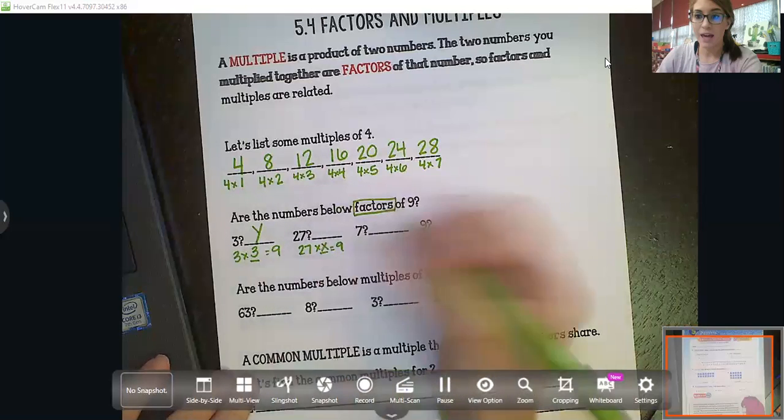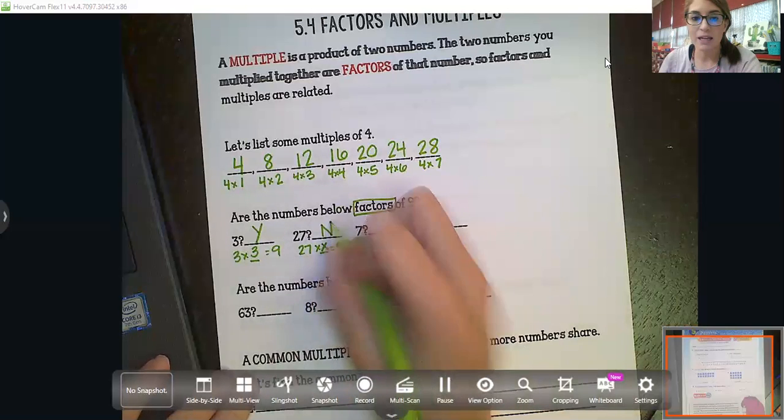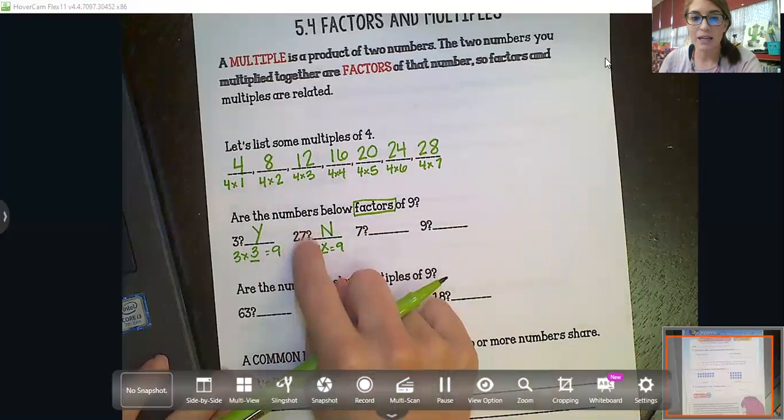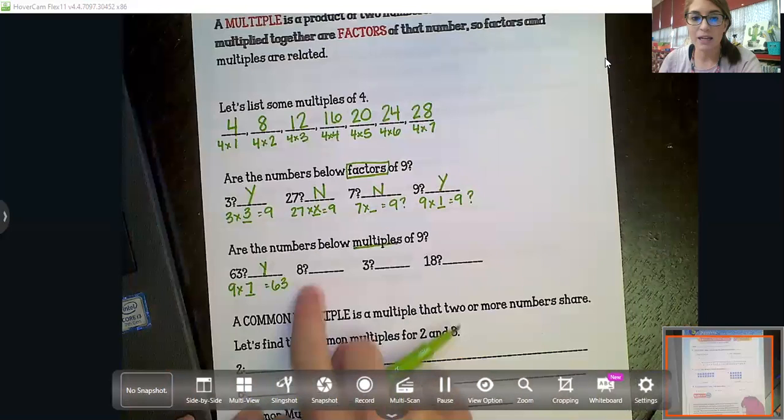No, that's not going to work. So this is not a factor of 9. What about 7? Can 7 times something give me 9? Nope, it cannot. So that means 7 is not a factor. What about 9? Yeah, 9 times 1 is 9. Very good. This is a factor of 9.